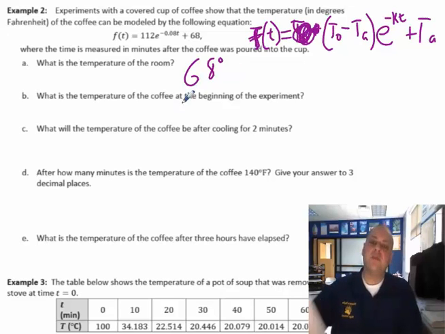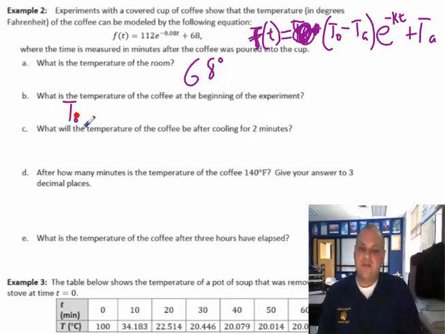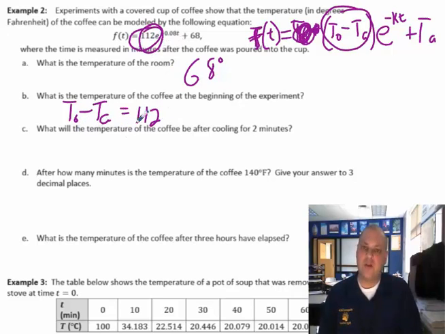Then it says, what is the temperature of the coffee at the beginning of the experiment? Don't say, oh, it's 112. Not necessarily 112. Because, remember, the initial cup was right here, T of 0. So T sub 0 minus the ambient temperature came out to be 112.